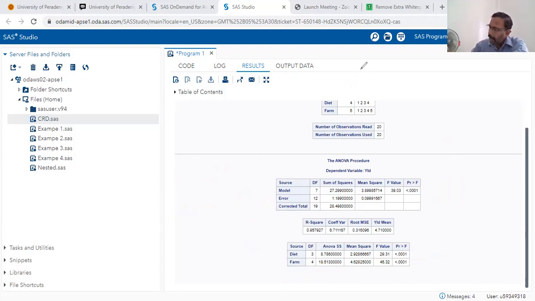This is my null hypothesis. My null says alpha i is equal to 0.